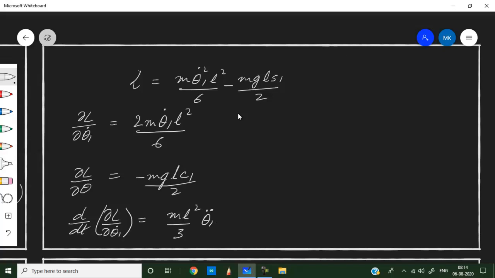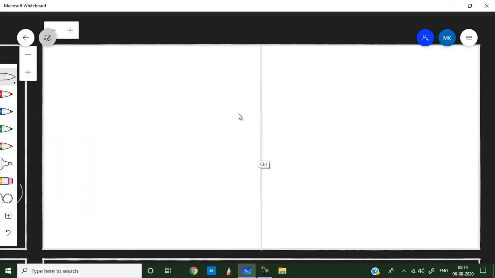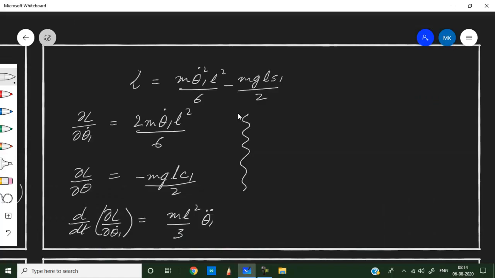Fine. So now the equation of motion becomes d by dt of dou L by dou theta 1 dot minus dou L by dou theta is equal to tau.